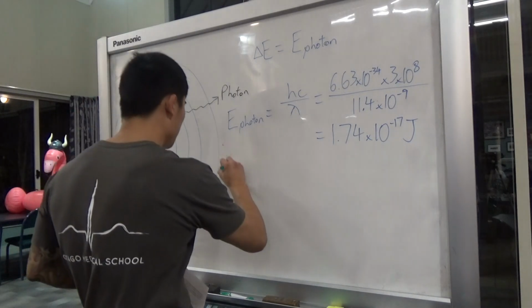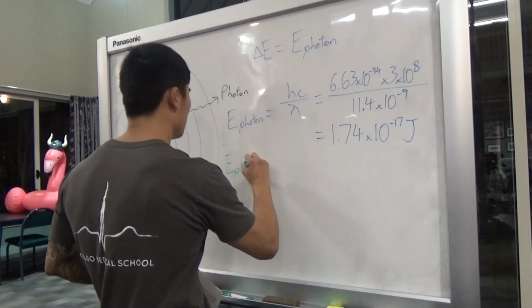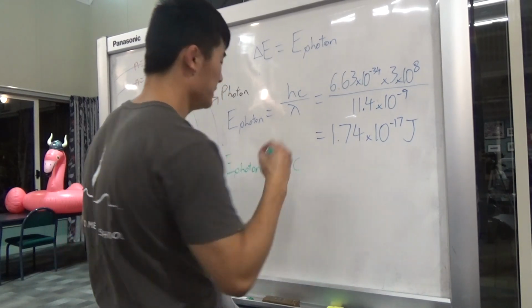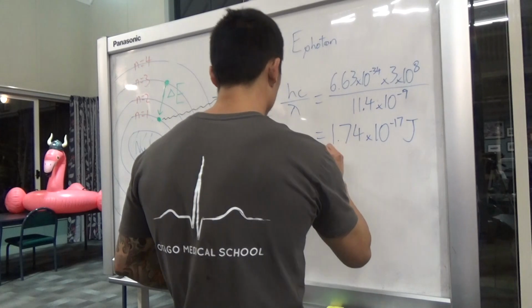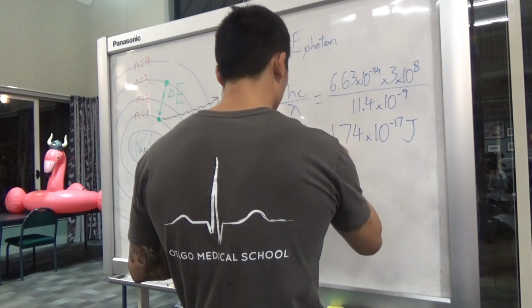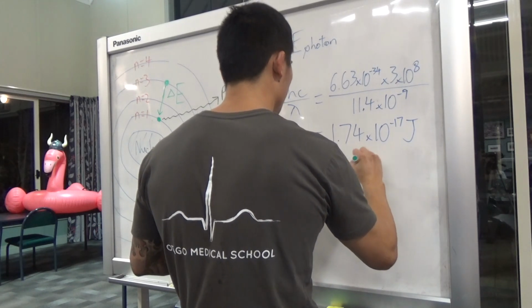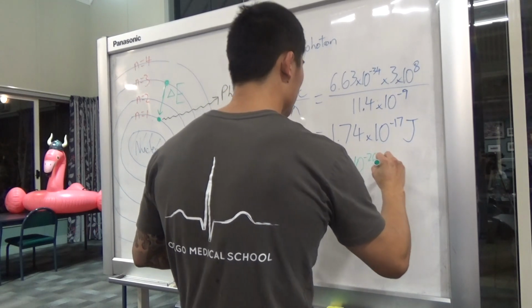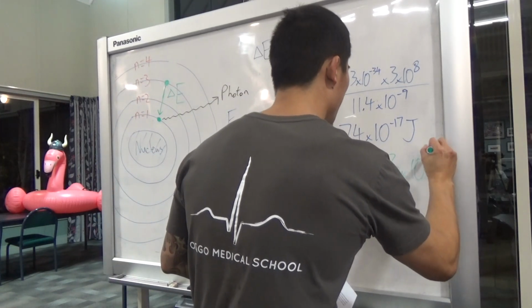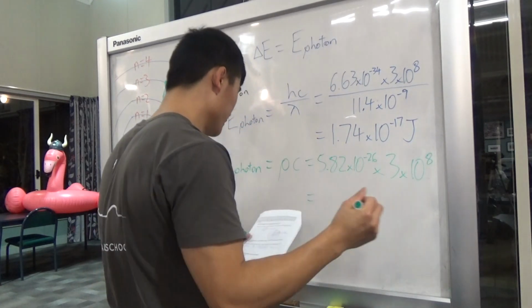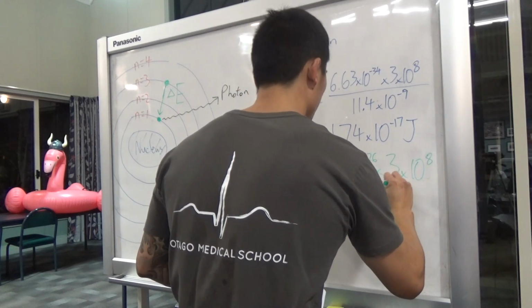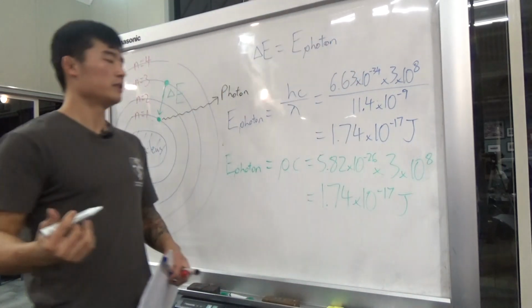The energy of the photon is equal to momentum multiplied by the speed of light. So that would be, the momentum was 5.82 times 10 to the negative 26 multiplied by our speed of light, which is 3 times 10 to the 8. And that would also give you 1.74 times 10 to the negative 17 joules. Okay.